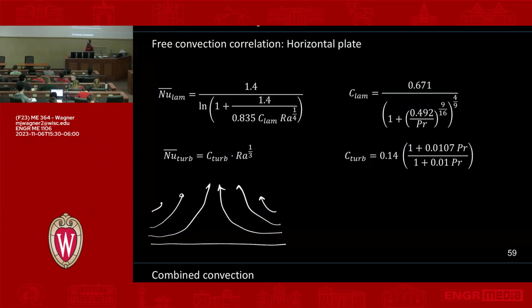So there's a way that people typically deal with this, and it's by mixing the two models together with a power. Let's say I want to compute the Nusselt average. I can do that if I use both correlations. So I would say Nusselt laminar plus Nusselt turbulent, and I take each of them and raise them to some power.